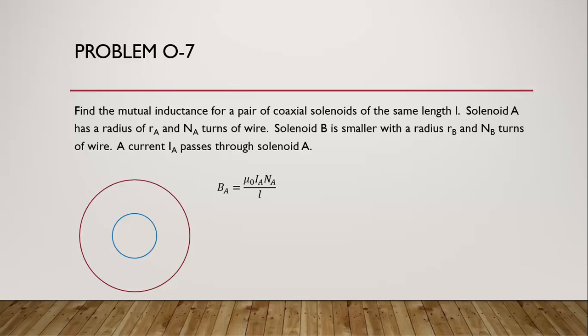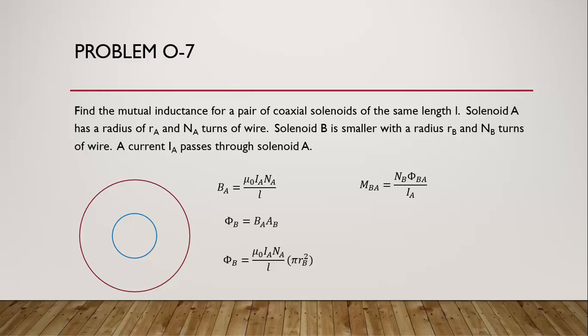So we know the magnetic field caused by A should be mu naught IA NA divided by L. If we calculate the mutual inductance of B with respect to A, it should be the number of turns of B times the magnetic flux of B caused by A divided by IA. To calculate the magnetic flux of B, it should be the area of B times the magnetic field caused by A.